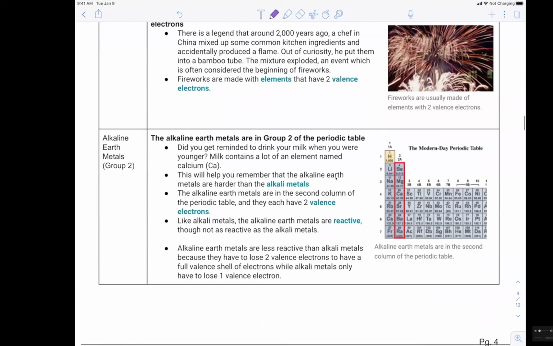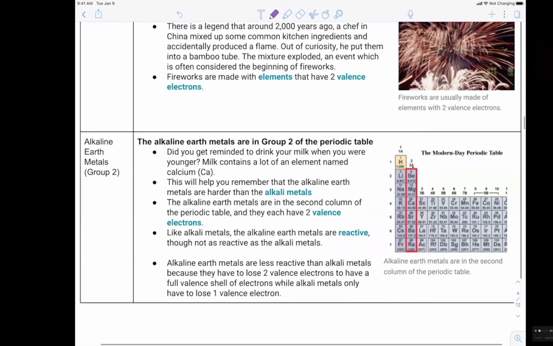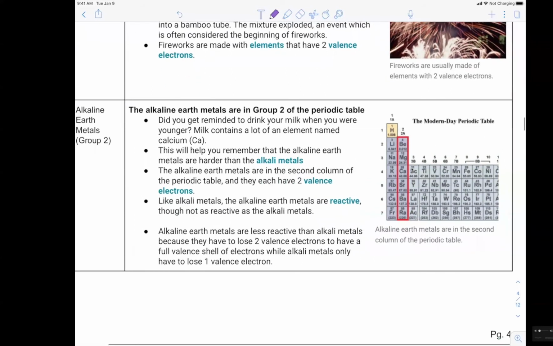Now, the next group on the periodic table is your alkaline earth metals. This is group 2. A difference between the alkaline earth metals and the alkali metals is that the alkaline earth metals are harder. How I remember this is that calcium belongs to that group, and calcium is what's used to make your bones strong.